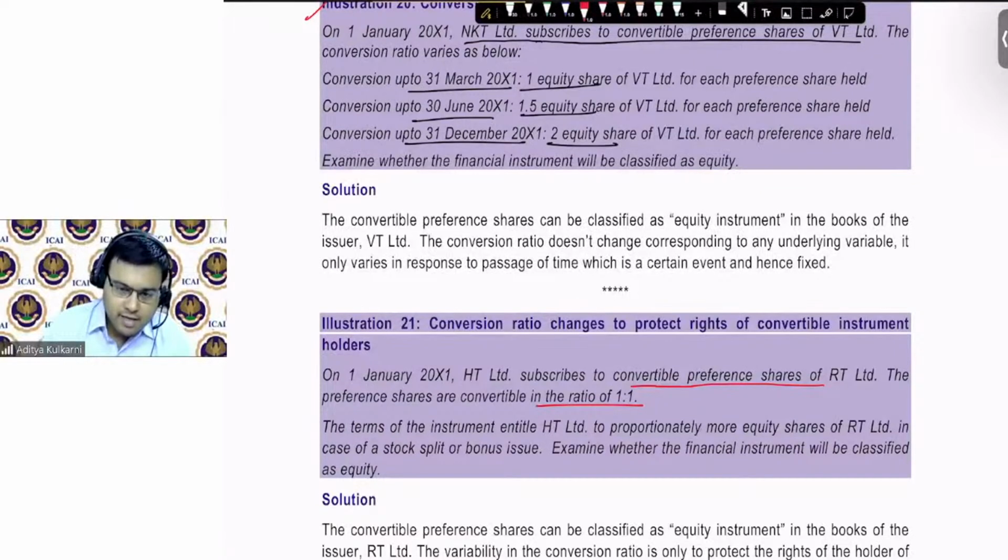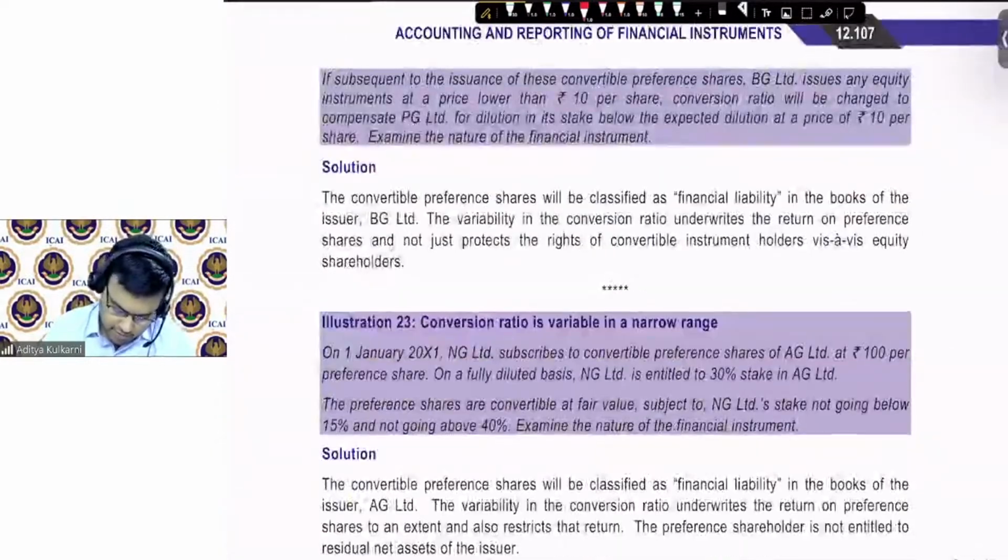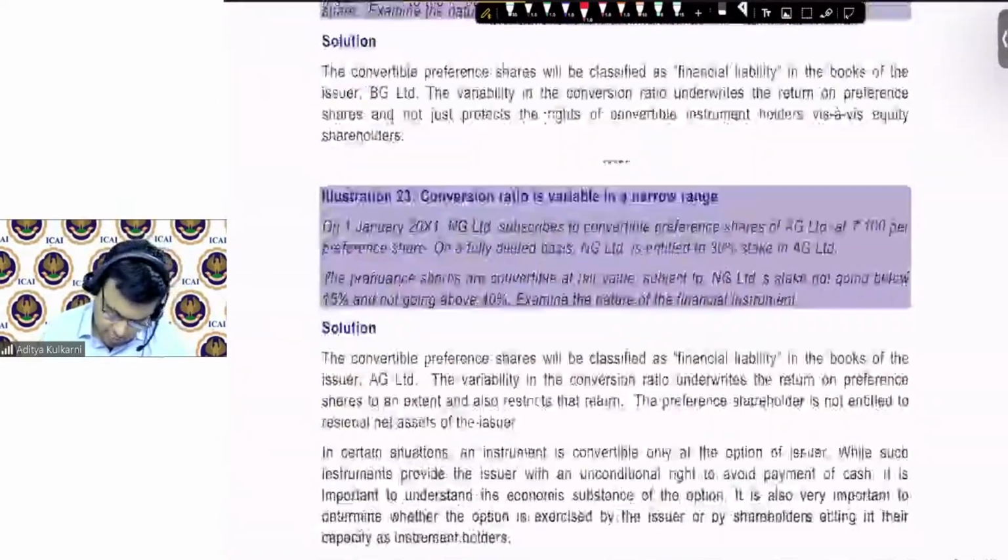The terms of the instrument entitle HT Limited to proportionately more equity shares in case of a stock split or bonus issue. Examine whether the financial instrument will be classified as equity. So it is proportionate in case of stock split or bonus. Therefore it will be equity. Very simple, no doubt in that. Absolutely clear. So 21 is done. Let us move on to the next one.